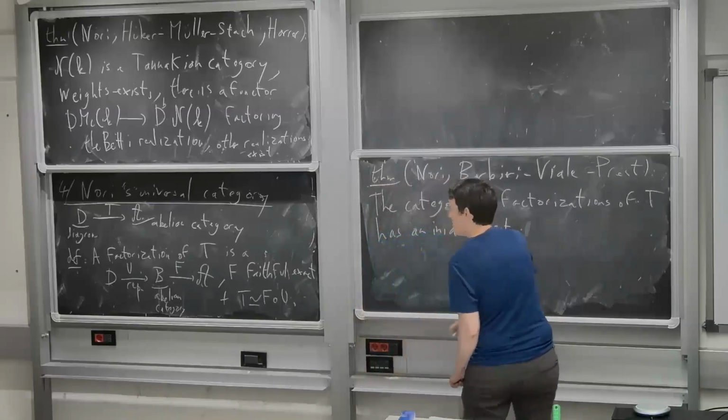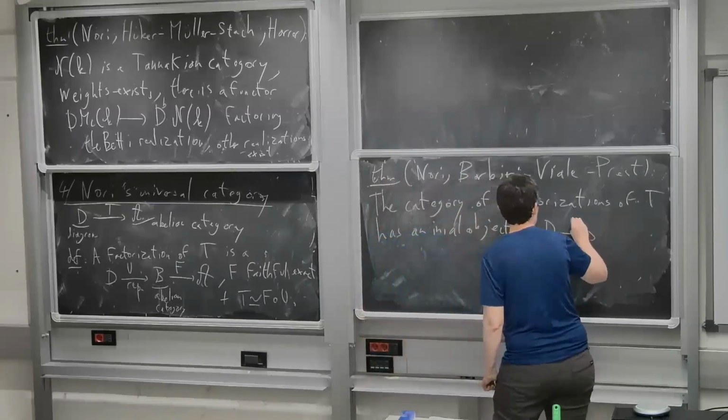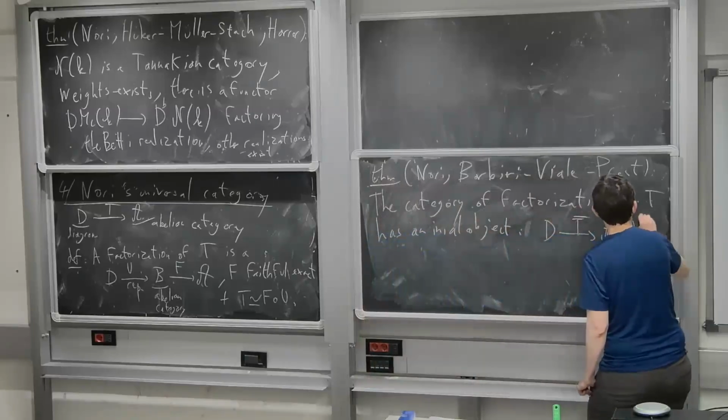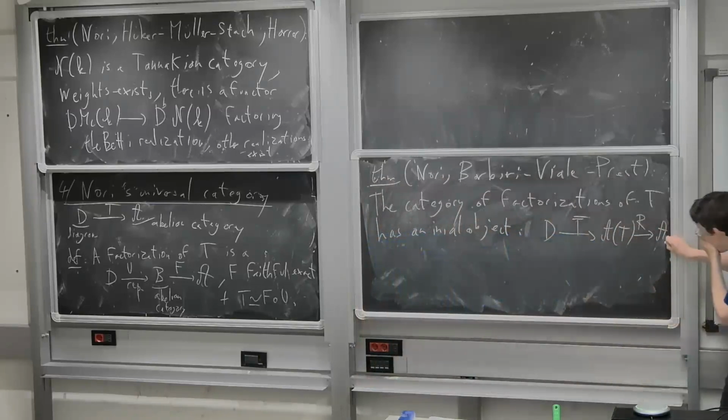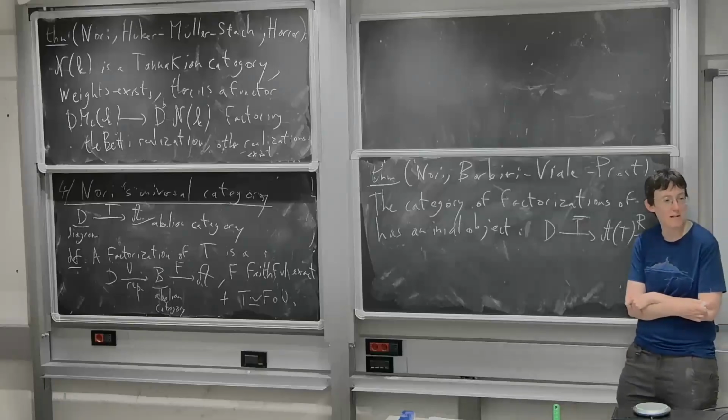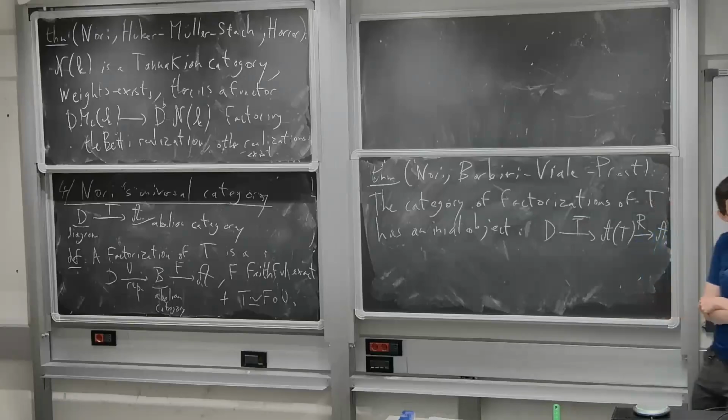I usually write it like that, although it's not standardized. This R is supposed to mean realization, and T bar is because I have no imagination. Okay, so that's Nori's. So this initial object is what I call the universal factorization before.